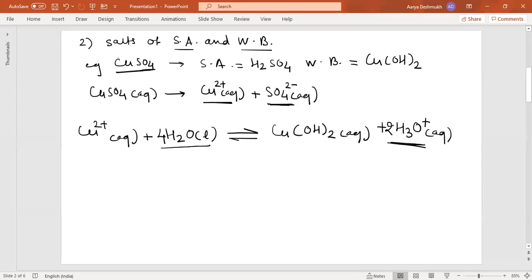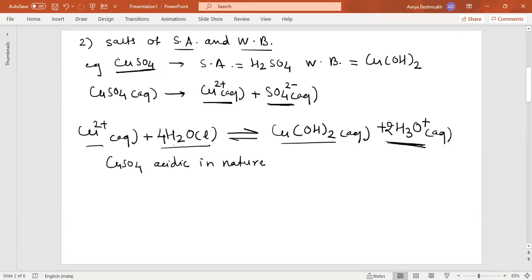Remember, these copper ions undergo hydrolysis to form copper hydroxide, which is a weak base, and protonium ion is formed. So this formation of excess protonium ions decides the nature of the solution. So copper sulfate is acidic in nature. You can test it with the litmus paper. Blue litmus will turn red.